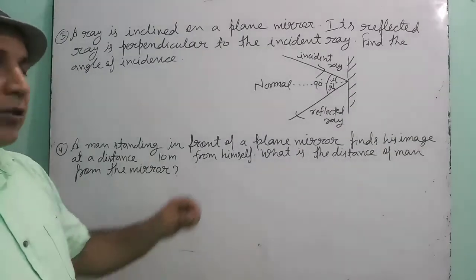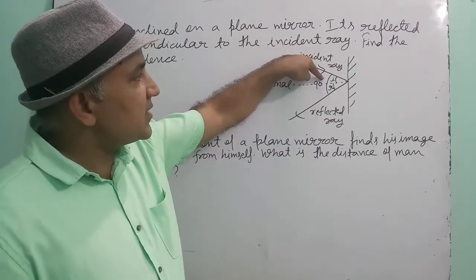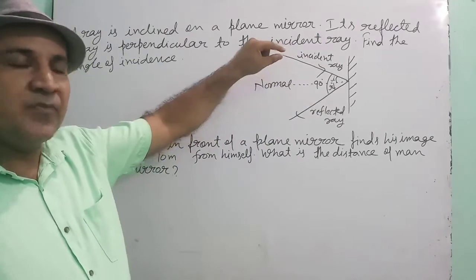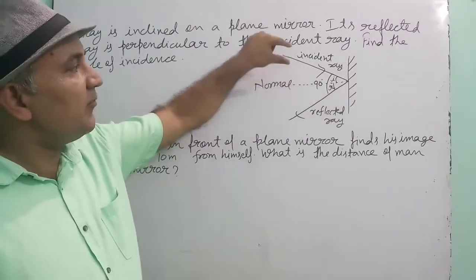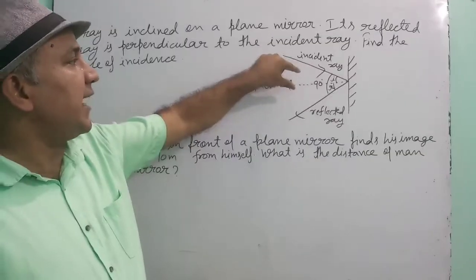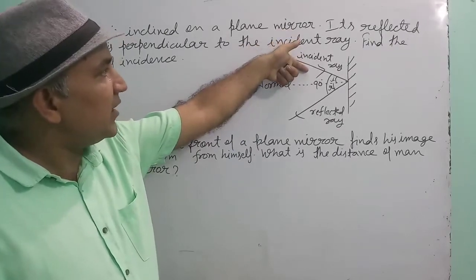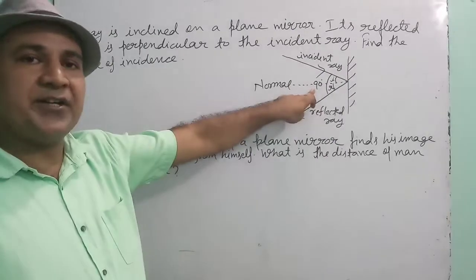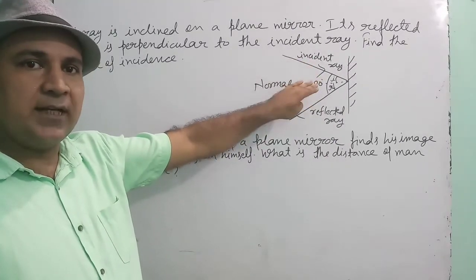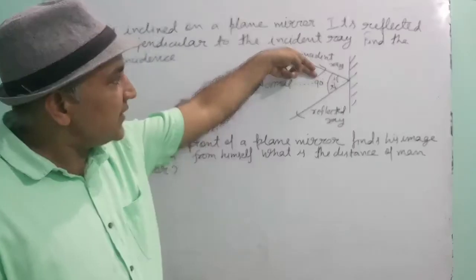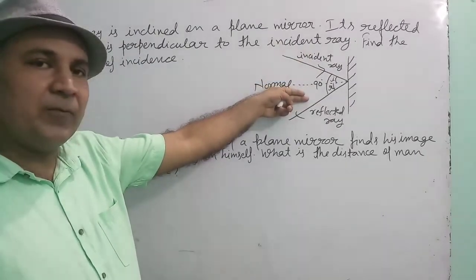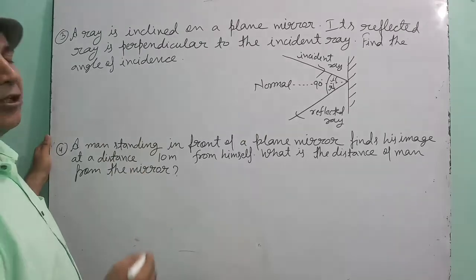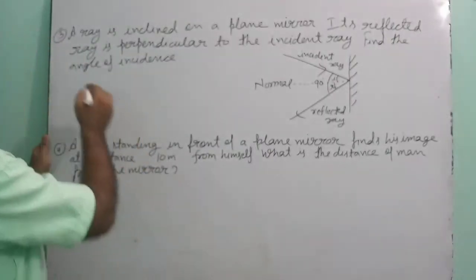And according to the law of reflection, the angle of incidence is equal to the angle of reflection. Both the angles are equal. Children, from the diagram it is very clearly seen that the sum of the angle of incidence and the angle of reflection is equal to 90 degree. Can you see it? Now we can find the angle of incidence. See how?